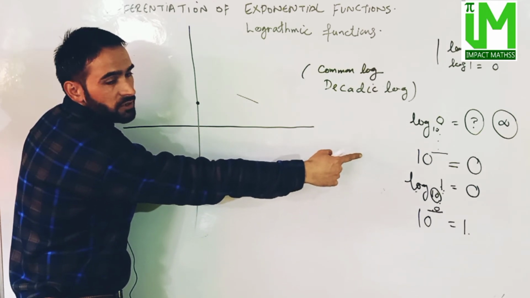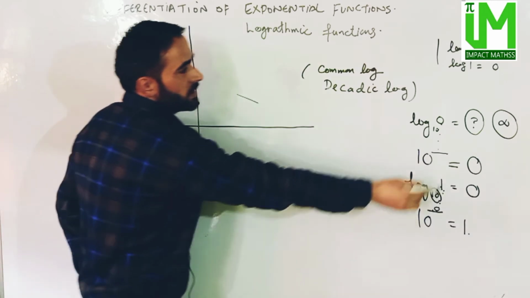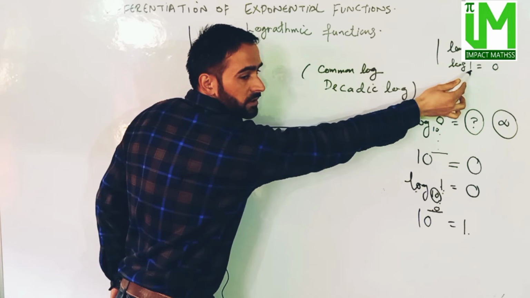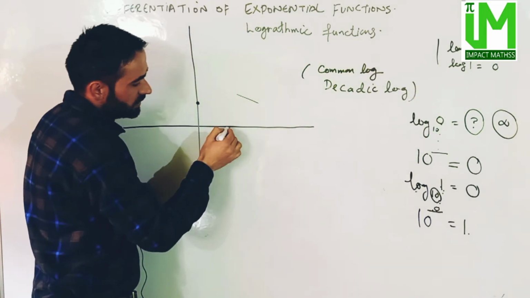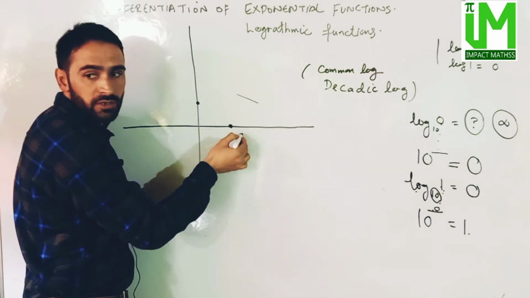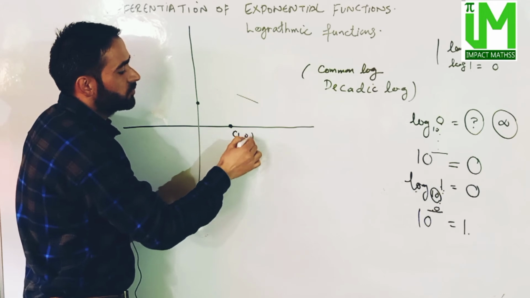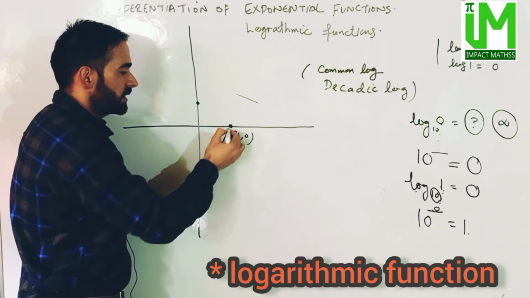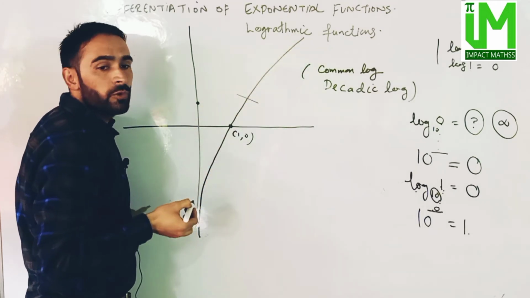And we visualize the value: if y is equal to 0 and x is equal to 1, it will be a point here, 1, 0. So the graph will be like this, again having asymptotic behavior.